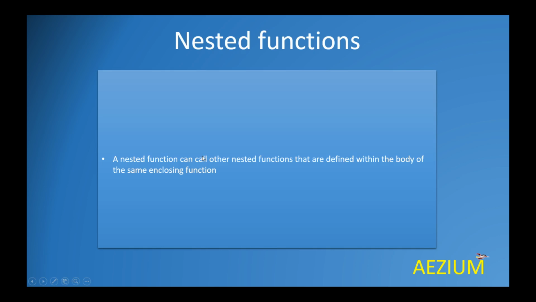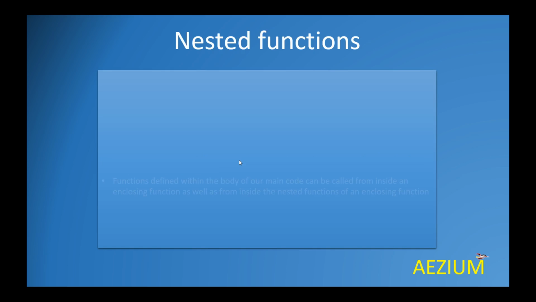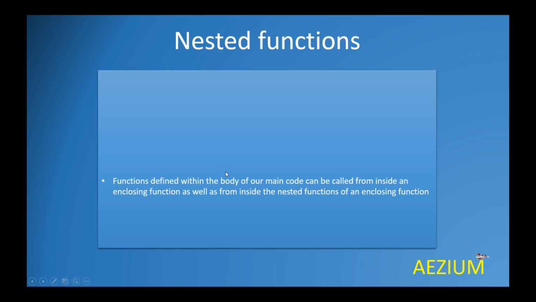A nested function can call other nested functions which are defined within the body of the same enclosing function, and the functions defined within the body of our main code can be called from inside an enclosing function, as well as from inside the nested functions of that enclosing function.